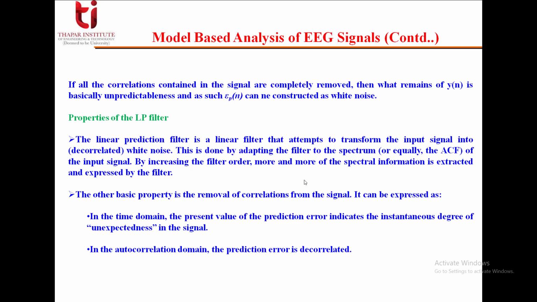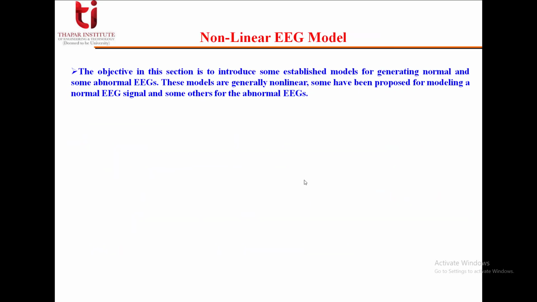Now we'll discuss a little bit about the nonlinear EEG model. The objective of this is to introduce some established models for generating normal and abnormal EEGs. These models are generally nonlinear. Some have been proposed for modeling a normal EEG signal and some others for abnormal EEG signals.